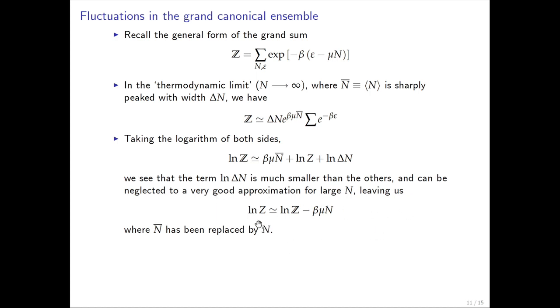Solving this for the logarithm of the canonical partition function, we'll see that it's approximately equal to the log of the grand partition function minus beta mu n. Here we've just taken n to be equal to n bar in all these expressions. We'll come back to this relation, but for a large system this is an approximate equality.